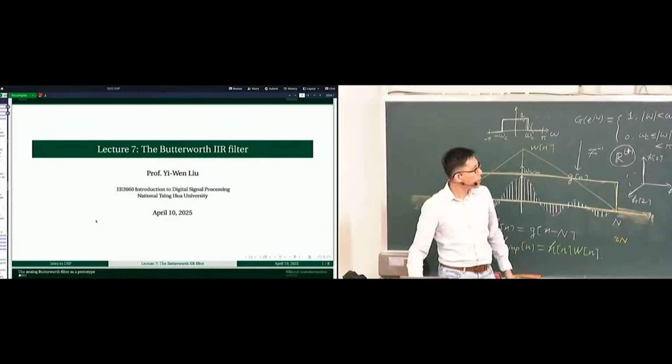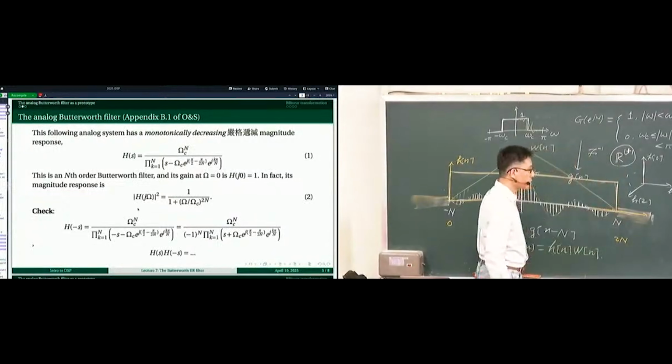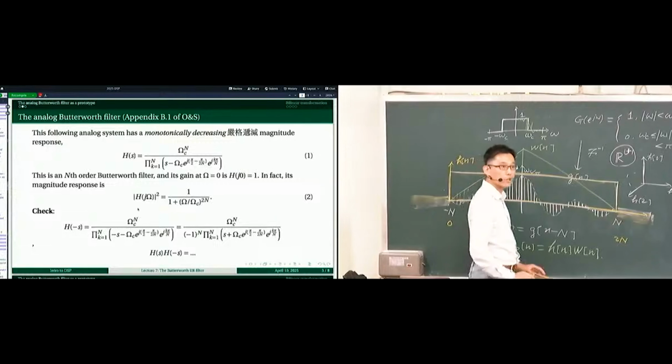And we define it as a constant over a polynomial of s, which has n roots, and the roots are defined by this expression. And it turns out that, let's maybe finish this slide before we head home, before we call it a day.